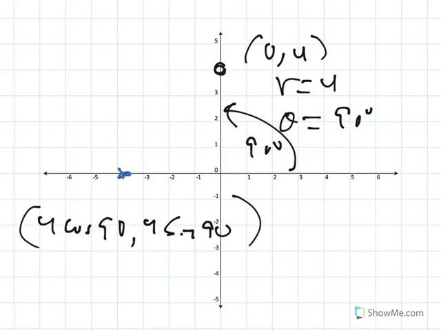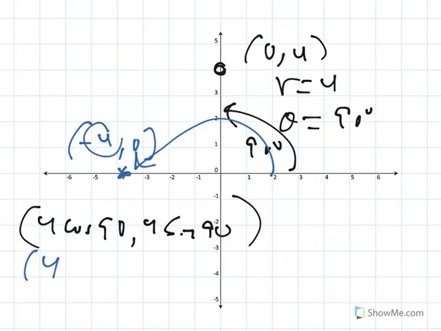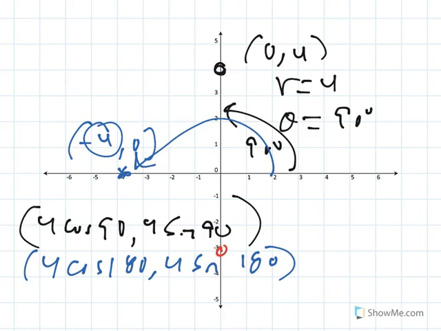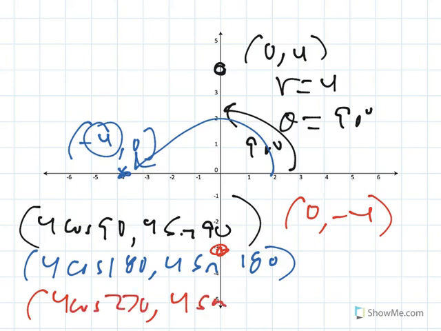And on the same picture, here's minus 4, 0. That's a 180 degree angle. But 4 is the r value. 4 cosine 180, comma 4 sine 180. And the last possibility is that I'm over here at 0, negative 4. That one, the r value is 4 again, cosine, sine, but now the angle is 270.